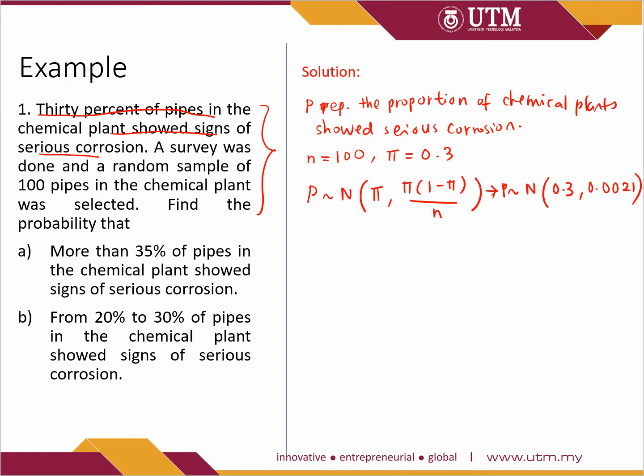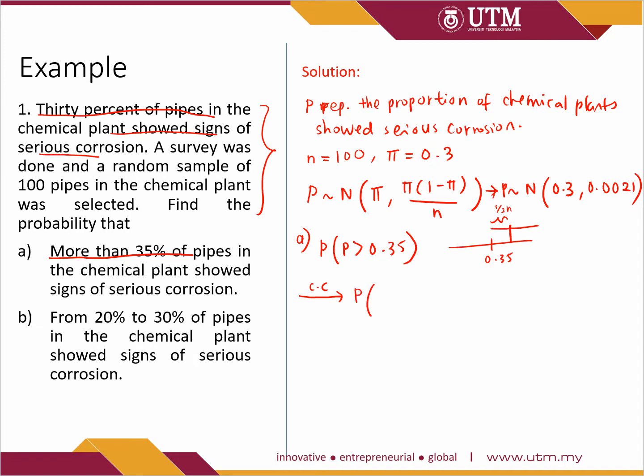Okay, so now we can solve for A. More than 35% of pipes showed signs of serious corrosion. So the probability that the proportion is greater than 0.35. Remember, since it involves the proportion, we have to use the continuity correction. Since 0.35 is not included, we add 1 over 2n.